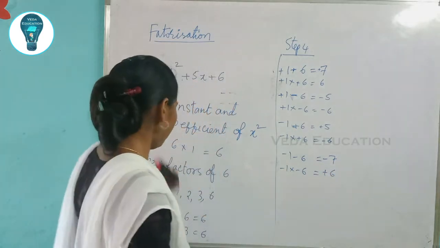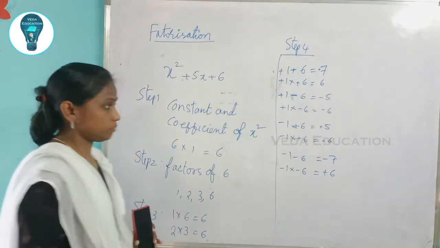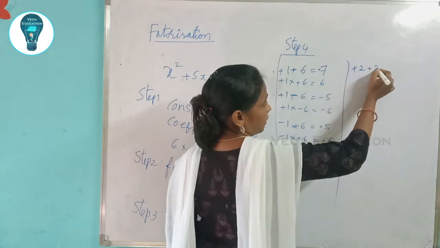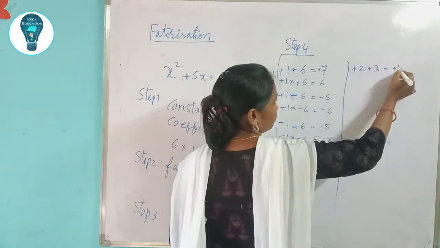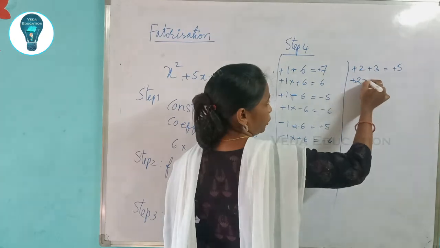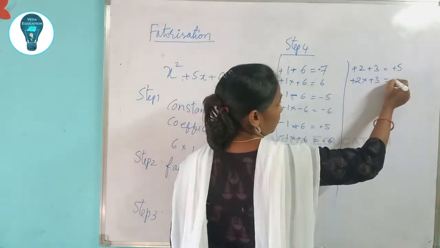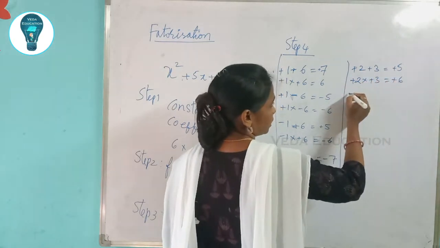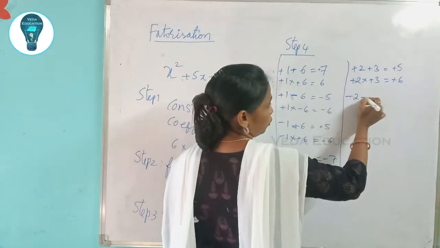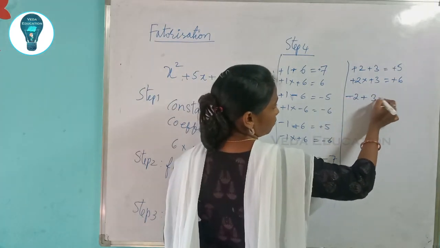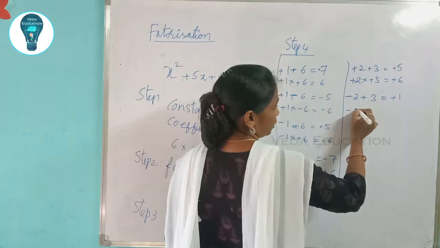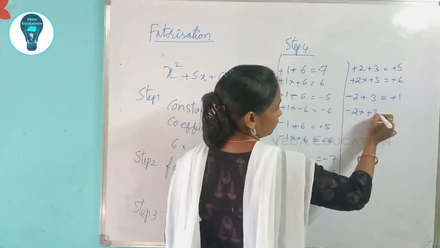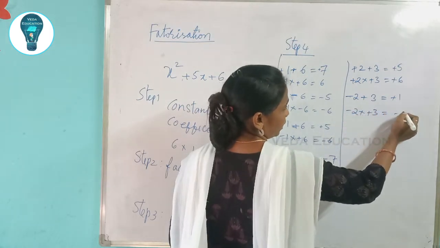In the same way, consider the other numbers also. Plus 2 plus 3 is plus 5. Plus 2 into plus 3, you will get plus 6. Next, minus 2 plus 3, you will get plus 1. Minus 2 into plus 3 is minus 6.